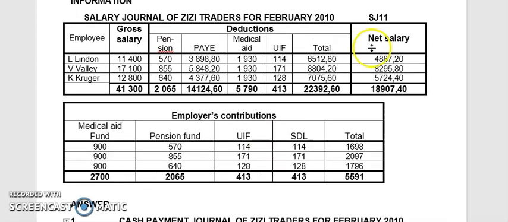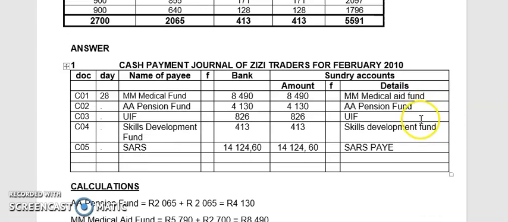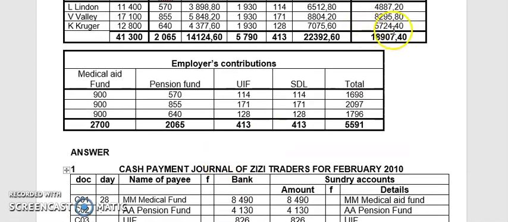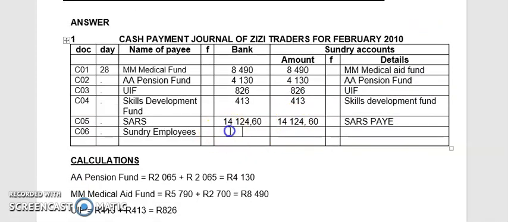All right, and then the last one, net salary. Net salary, you take that total because that is what is going to pay to the staff. Please watch carefully, and details here will be sundry employees, and I go back to that amount, 18907.40.